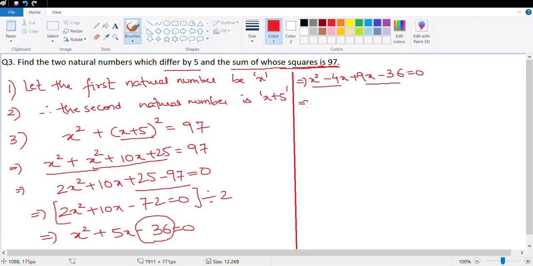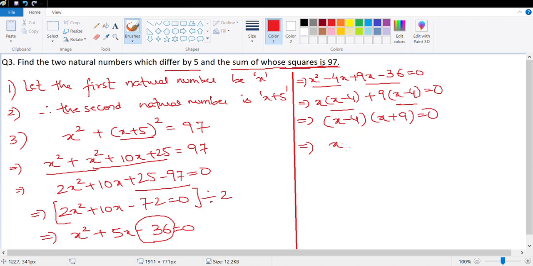Grouping it the way I have underlined them, x times x minus 4 plus 9 times x minus 4 is equal to 0. x minus 4 is common, so x minus 4 times x plus 9 is equal to 0, which means either x minus 4 is equal to 0 or x plus 9 is equal to 0, which means x is equal to 4 or x is equal to negative 9.